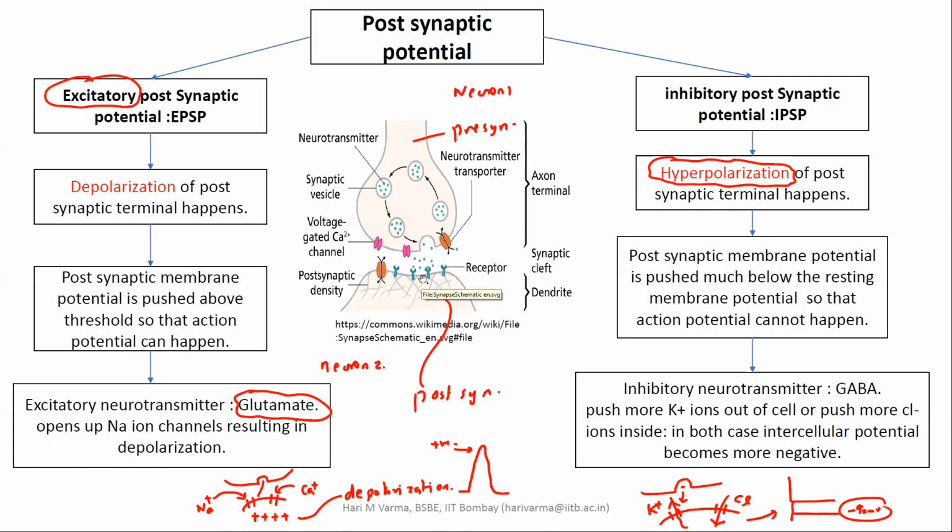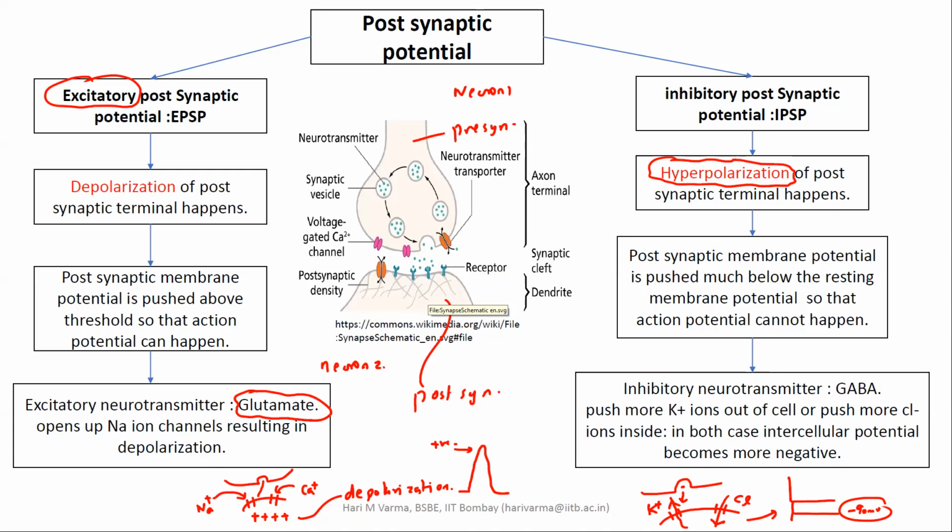You know that potassium is abundant inside the cell, so by simple diffusion, all this potassium will go out from the interior of the cell to the outside. That will cause the resting membrane potential of the cell to go beyond minus 90 millivolts. It can go much lower than that.